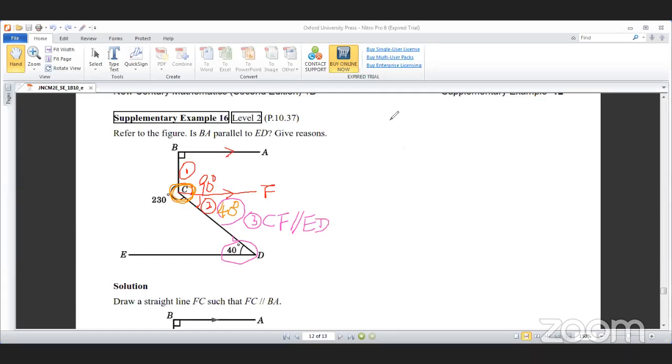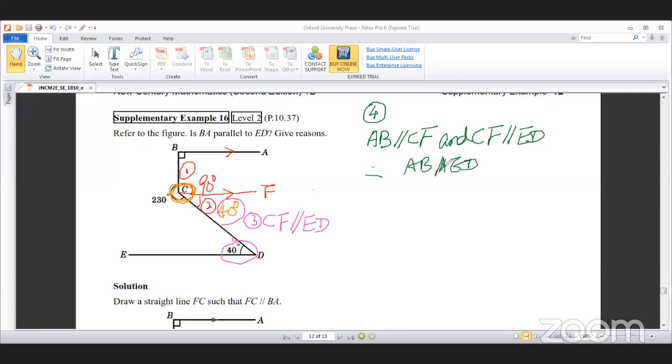Then the fourth step, that should be the last part. When we add the line CF, we have AB parallel to CF. Now we also prove that CF is parallel to ED. Therefore, in this case, AB is parallel to ED.